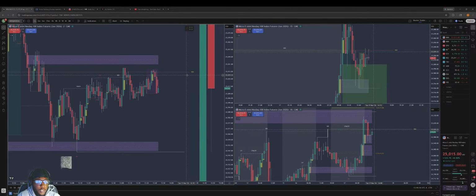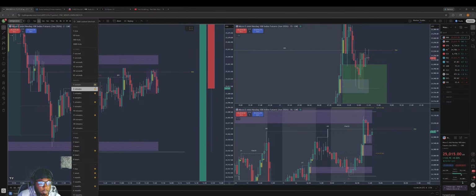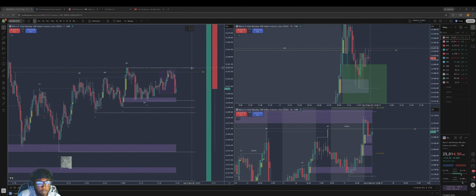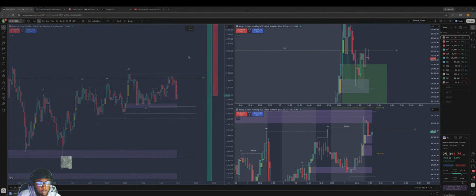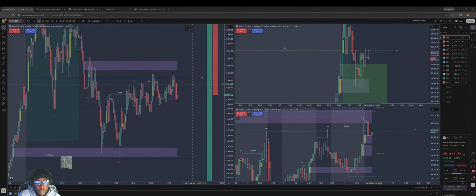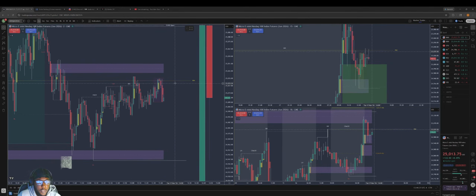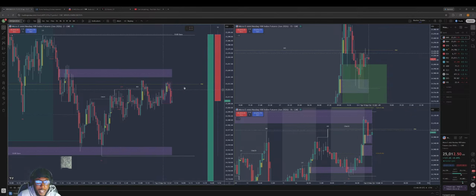All right. So again, let's say I was trying to take a trade from this 2 minute gap. I'm not seeing anything on the 1 minute, so I'm just going to go back to the 2. Let's say I was trying to take a trade from this 2 minute gap, right?